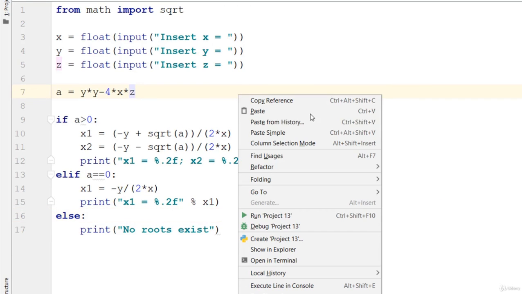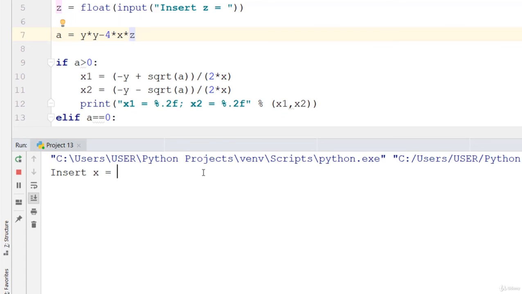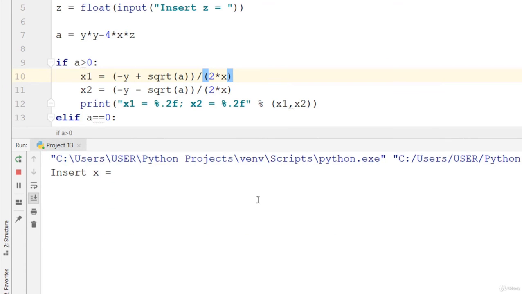Let's go ahead and run this code and check it out. So let's say we have x to be equal to 5 and y to be equal to -3 and z to be equal to 6. So no root exists for this. Let's go ahead and run another one.